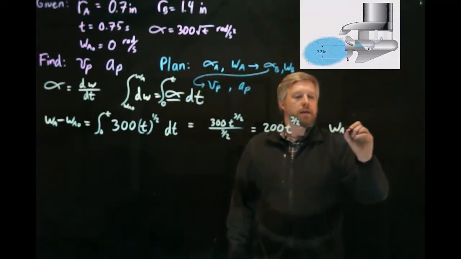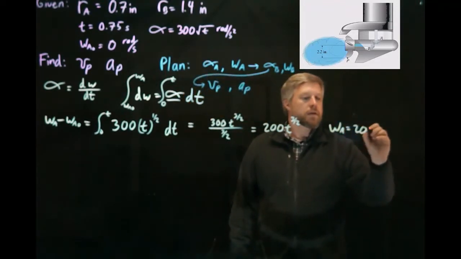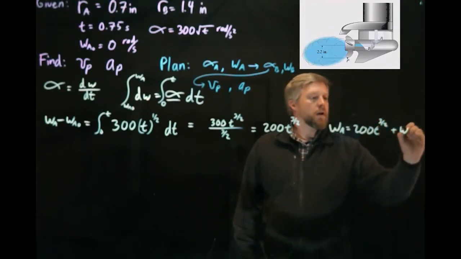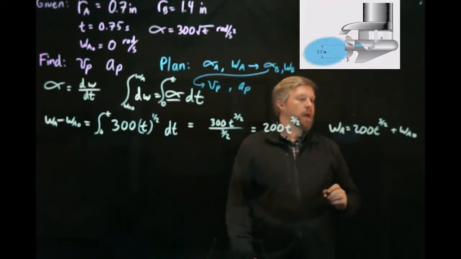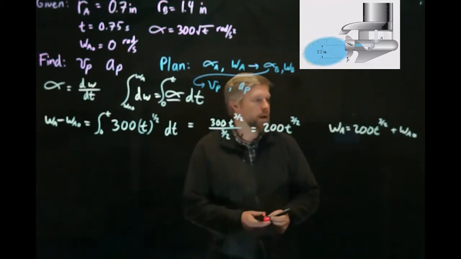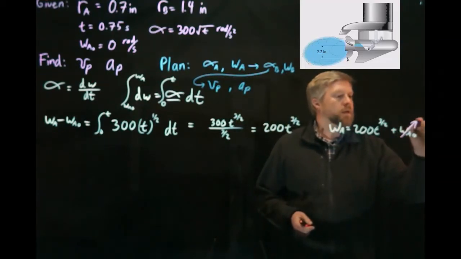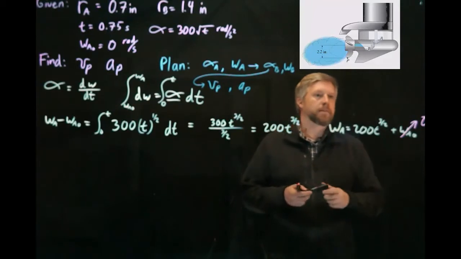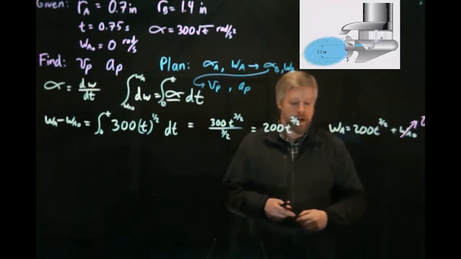Omega A is going to be equal to 200 t to the 3 halves plus omega A naught. And omega A naught is given to us as 0, since it starts from rest, so we can cross that one out. So we just have 200 t to the 3 halves.